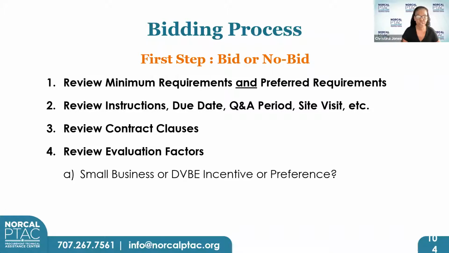So those are just some things to consider. Also, does it have a small business or DVBE incentive or preference? I mentioned that there is a small business DVBE option, but there's also a preference that can be given. So review the solicitation to see if there's a preference and if that can also benefit you.